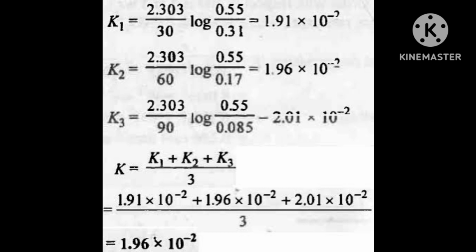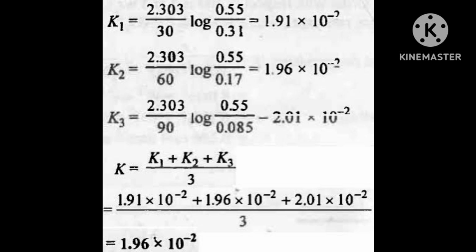At 0 time you will not calculate; we start with 30 minutes. When time was 30 minutes, the C0 concentration was 0.8500. The C0 value is common in all calculations; only the concentration at 30, 60 and 90 minutes will change.